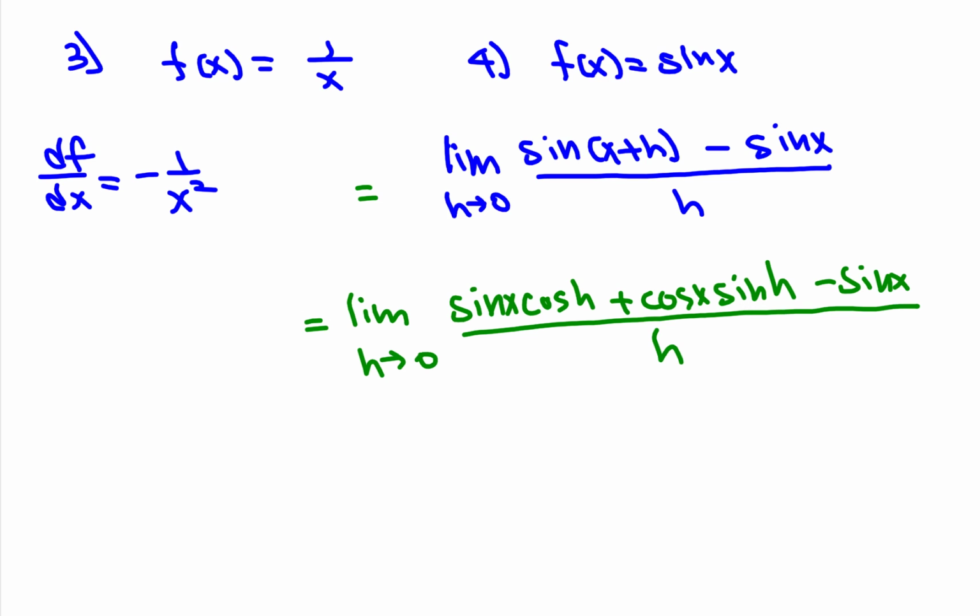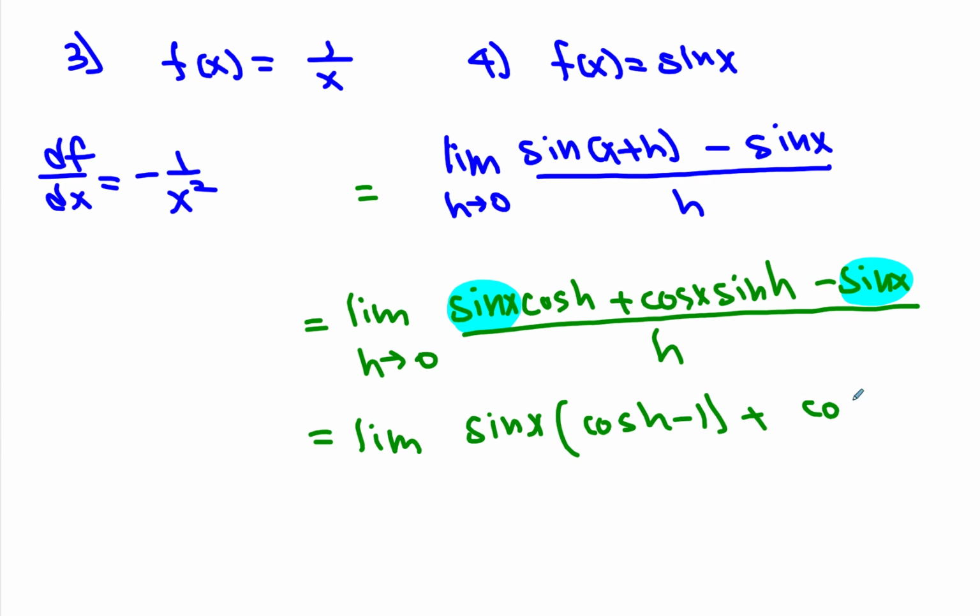Now, the way which we can simplify this one is through factoring, and I'm hoping that you notice that sine of x and sine of x is common. So I'm going to combine those two terms. So how will I be able to do that? So limit of sine of x, then we have cosine h minus 1, and then plus cosine x and sine of h. Now, since h divides the whole thing, h divides this one, and h divides this one.